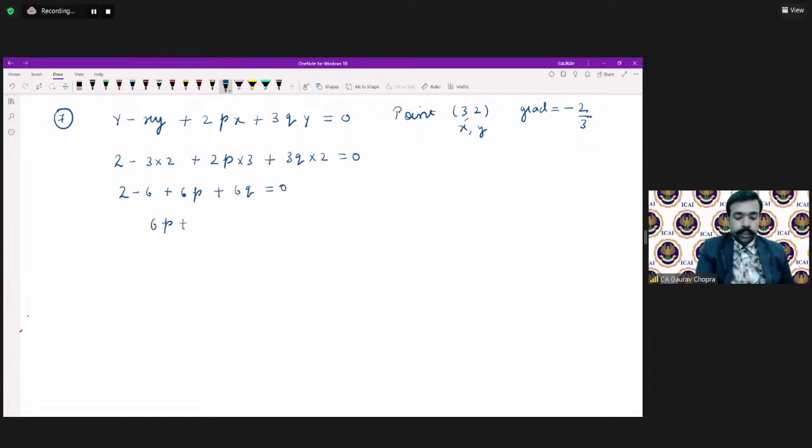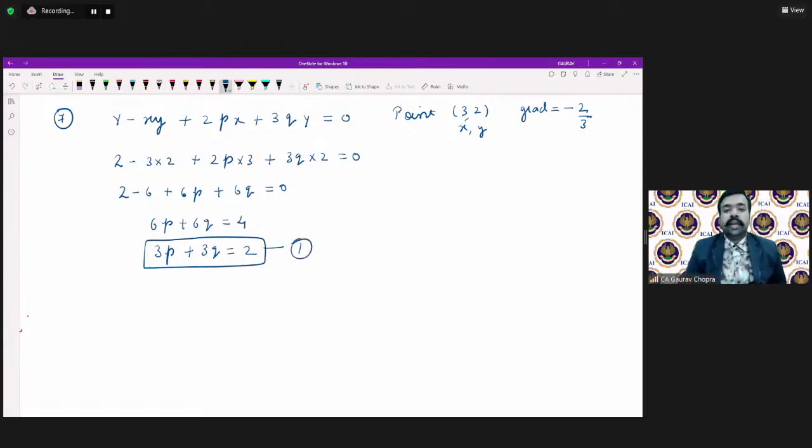So 6p plus 6q is equal to 4. We can take 2 as common and cancel it, so 3p plus 3q is equal to 2. This is equation number one. Because we are given the value of x and y, we have simply substituted the values and got the equation in terms of p and q. Ultimately, we have to find out the value of p and q only.